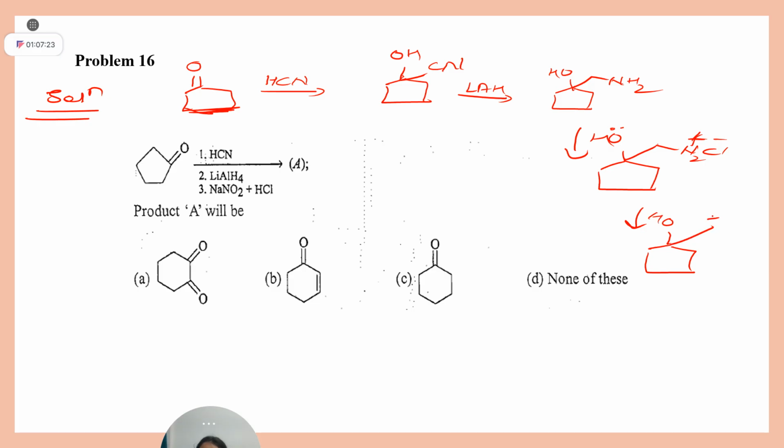This has a positive charge here. Now if this bond breaks, this carbocation will be stabilized by the mesomeric effect of this alcohol. You will be getting a six membered ring, converting into cyclohexanone. Yes or no? And the correct answer will be option number C.